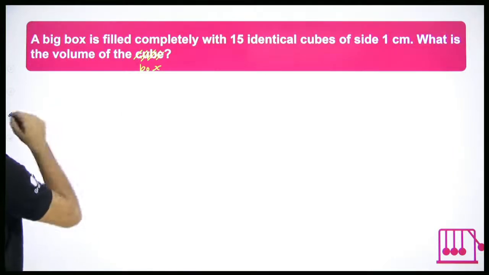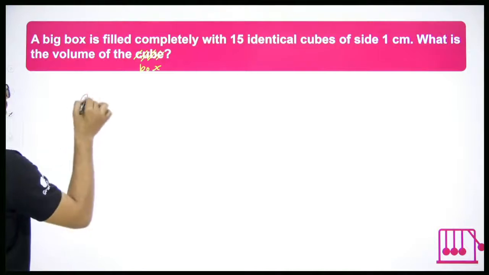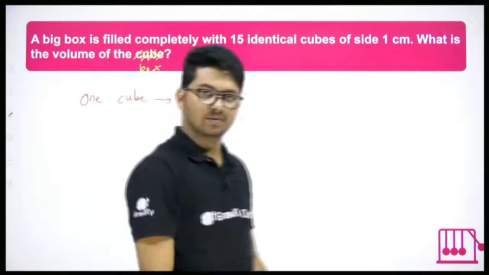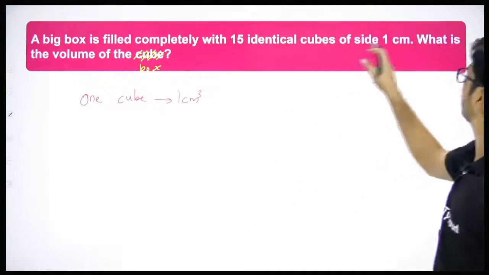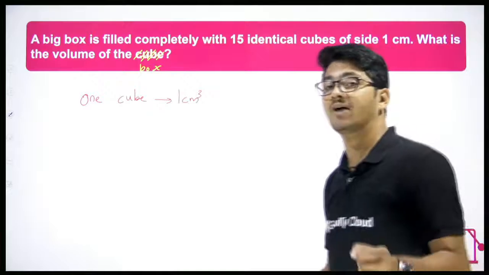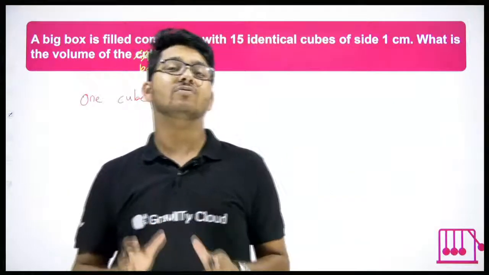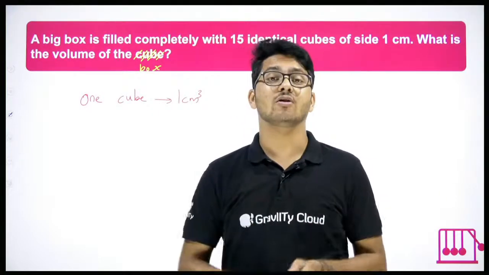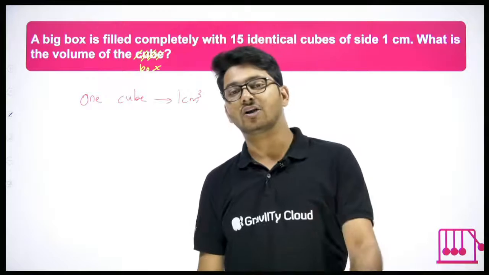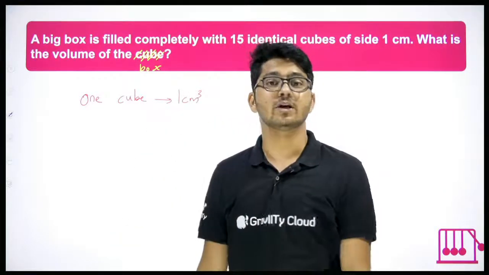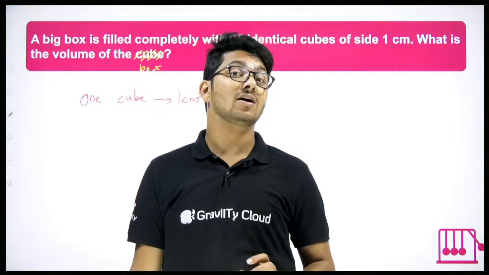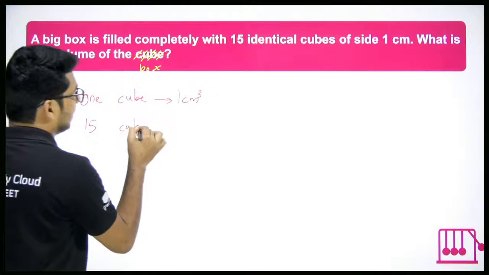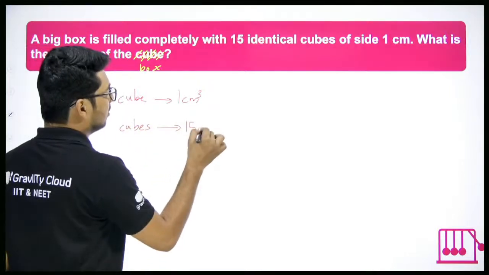Because each cube is of side 1 centimeter, one cube will occupy a volume of 1 centimeter cube. But if you are filling it with a total of 15 cubes, one cube occupies 1 centimeter cube, so 15 cubes will occupy 15 centimeter cube.